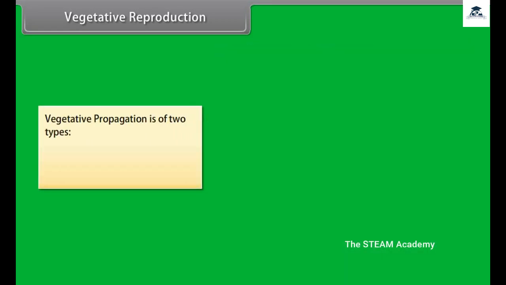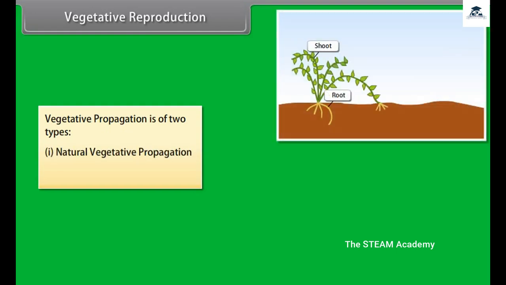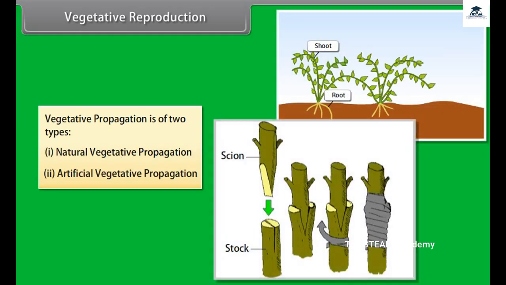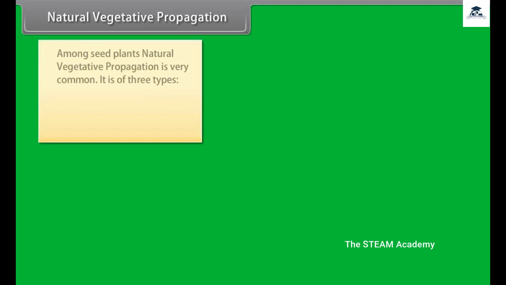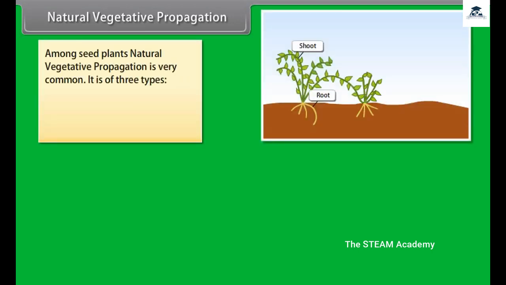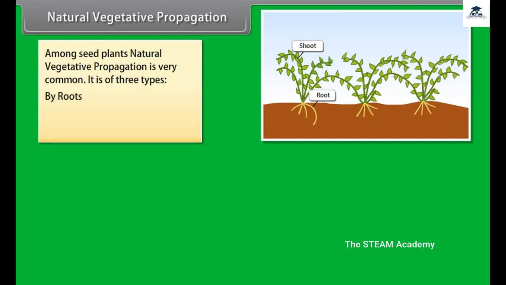Vegetative propagation is of two types: natural vegetative propagation and artificial vegetative propagation. Natural vegetative propagation. Among seed plants, natural vegetative propagation is very common. It is of three types: by roots, by stem, and by leaves.